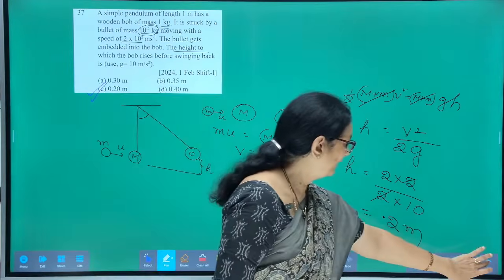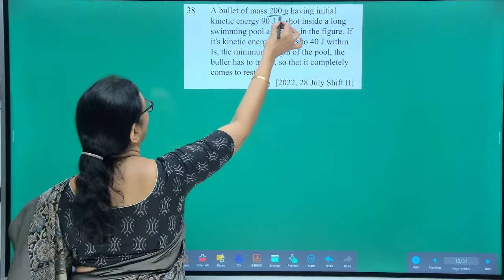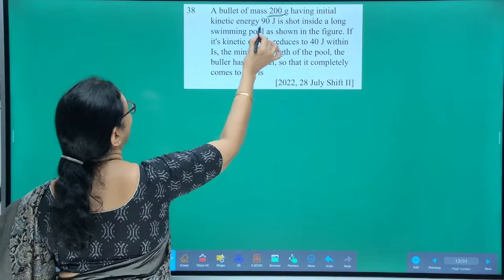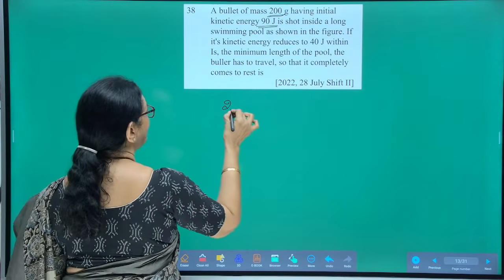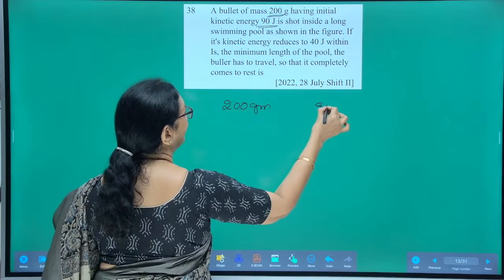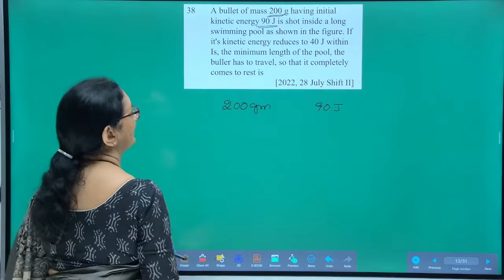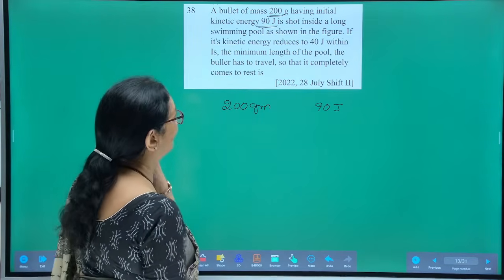Now, next problem, look here. A bullet of mass 200 grams with initial kinetic energy 90 joules is shot inside a long swimming pool as shown in the figure.